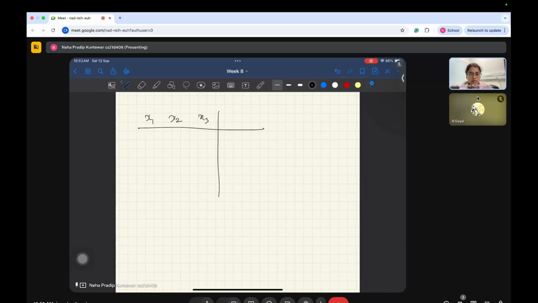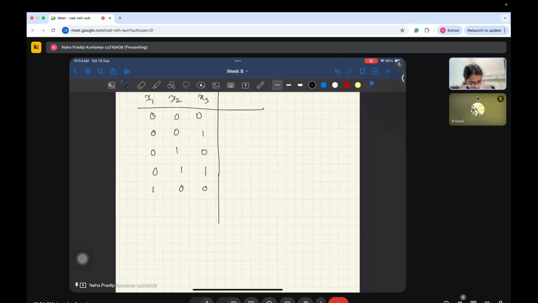But if you have to construct one explicit example of a function like that, let's say over three variables, I need to find a function which is not symmetric, but which is monotonic.